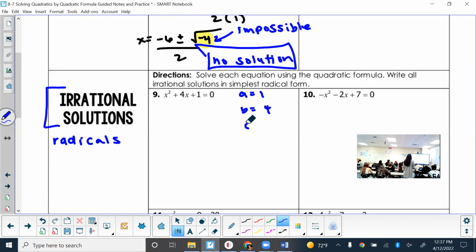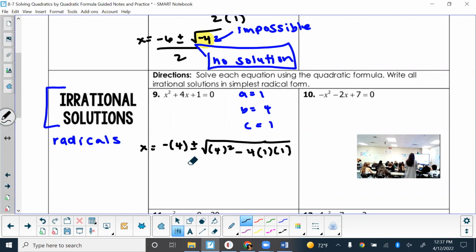And what's C? So then plug it into your quadratic formula. I get -4 plus or minus the square root of B squared, so 4 squared, minus 4AC. So minus 4 times 1 times 1. All over 2a. So all over 2 times 1.